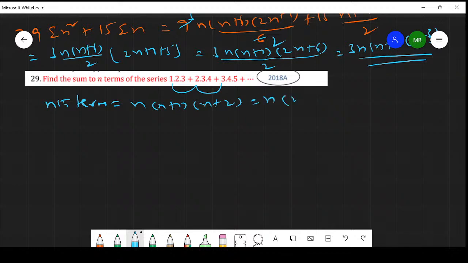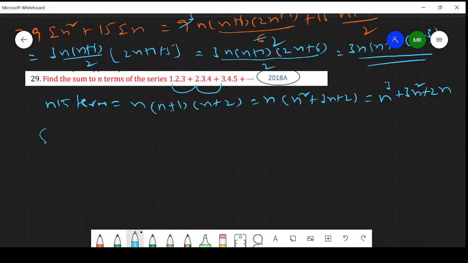I can multiply n into n plus 1 into n plus 2. N square plus n, plus 2n plus 2, that is n square plus 3n plus 2. Again if you multiply, n cube plus 3n square plus 2n.